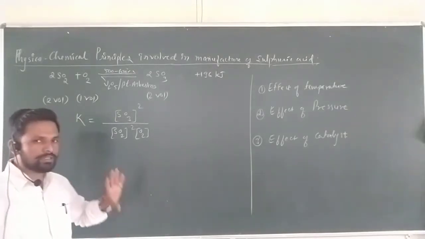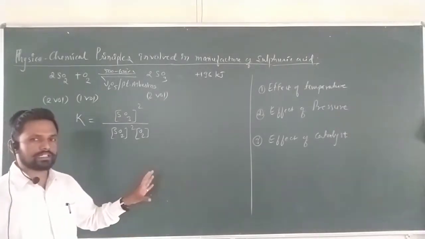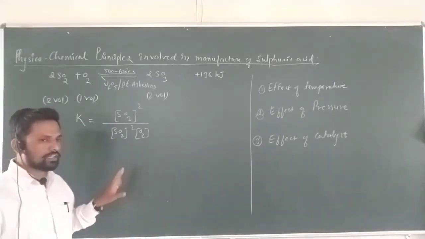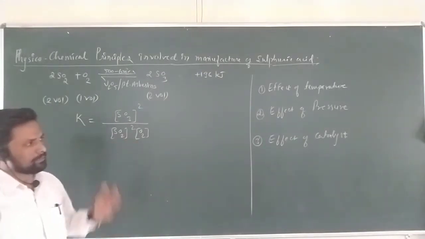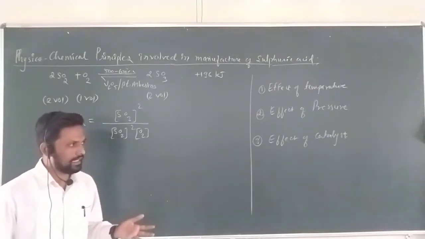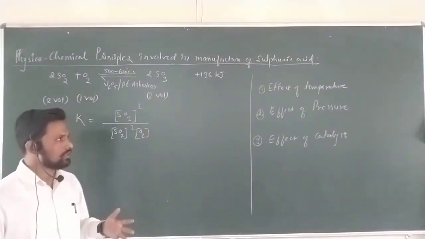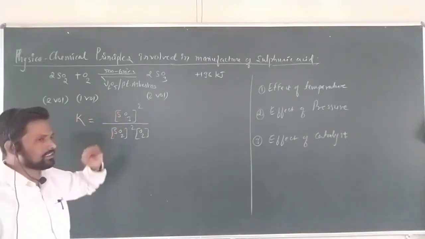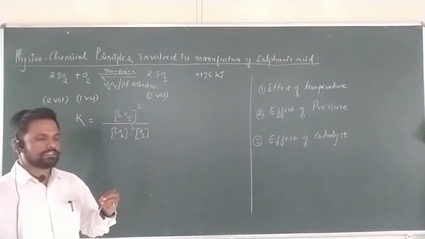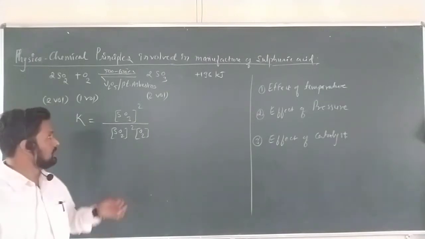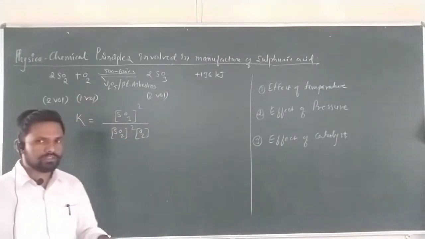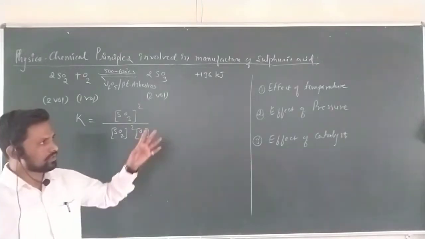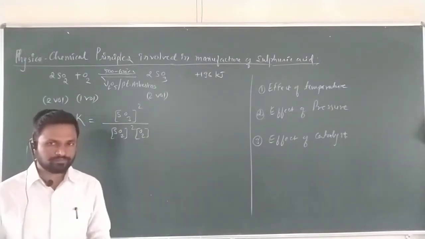Here, the physicochemical properties relate to the manufacture of sulfuric acid, in which we are going to discuss the effect of temperature, effect of pressure, and effect of catalyst on the important reaction, that is the step 2 reaction, conversion of sulfur dioxide to sulfur trioxide.